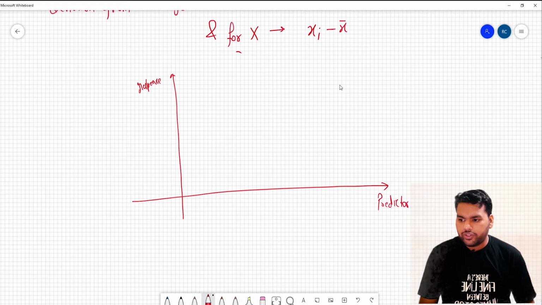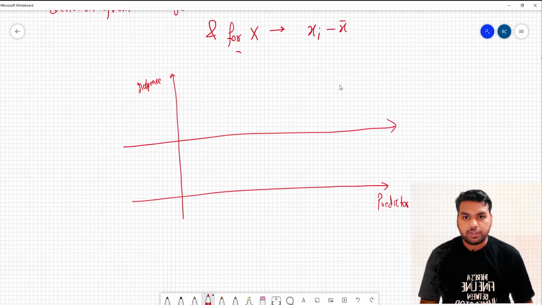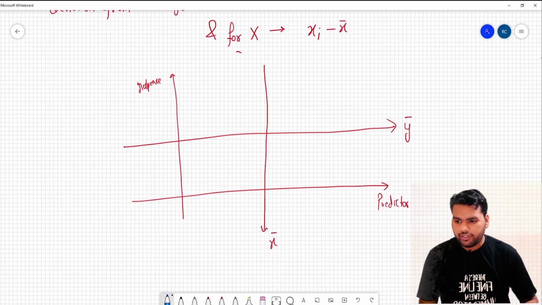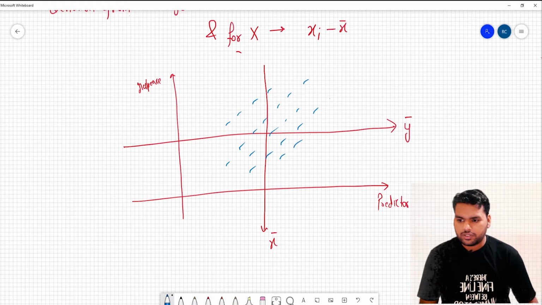If we draw the sample mean lines in this plane, the sample mean lines can divide this plane into four parts, that is the quadrants. So this is my y bar and this is my x bar. Suppose we have many points like this in every quadrant.